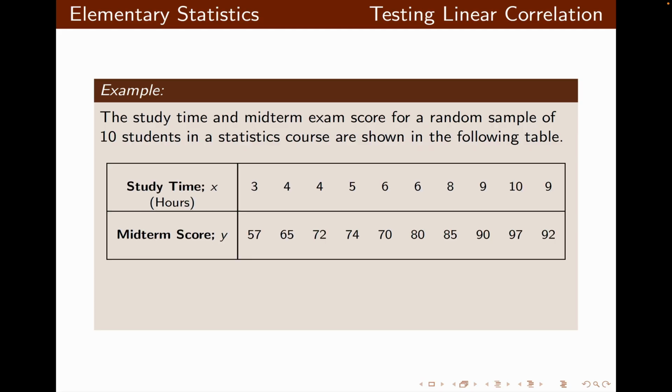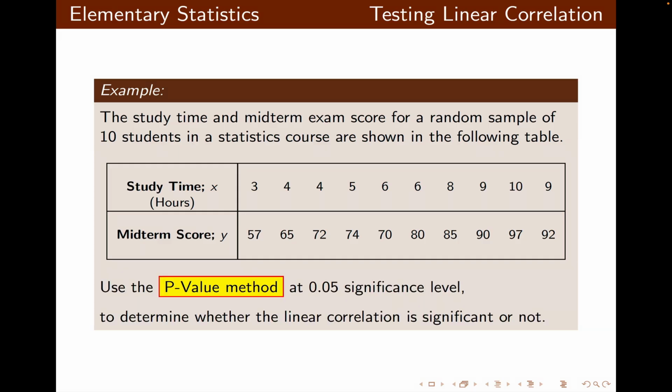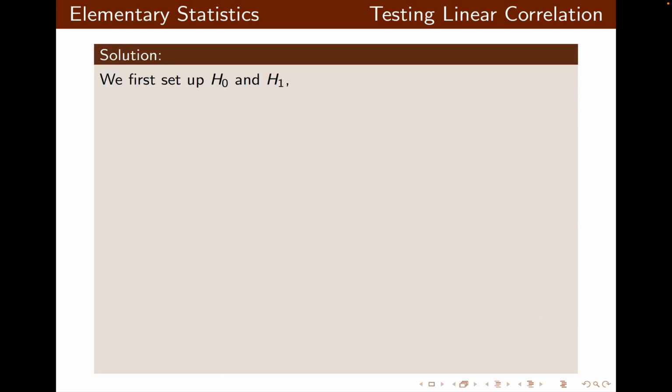Now let's look at this example, the same example that we used earlier. We want to use the p-value method at the 0.05 significance level to determine whether the linear correlation is significant or not. We set up H0 and H1.